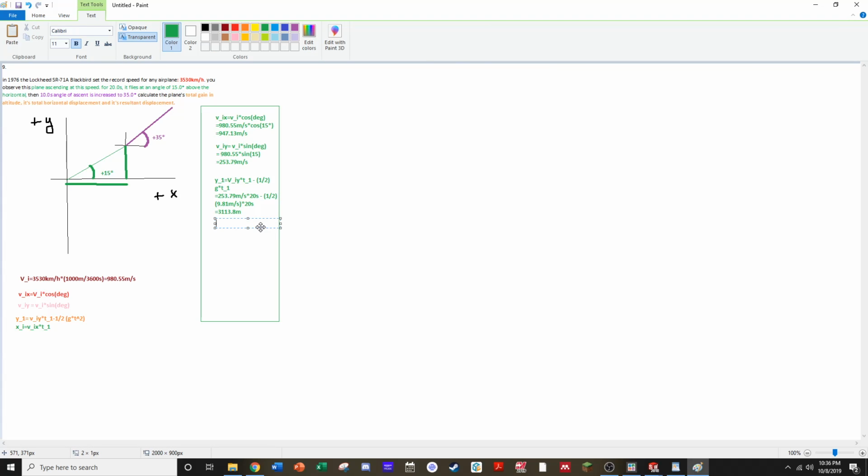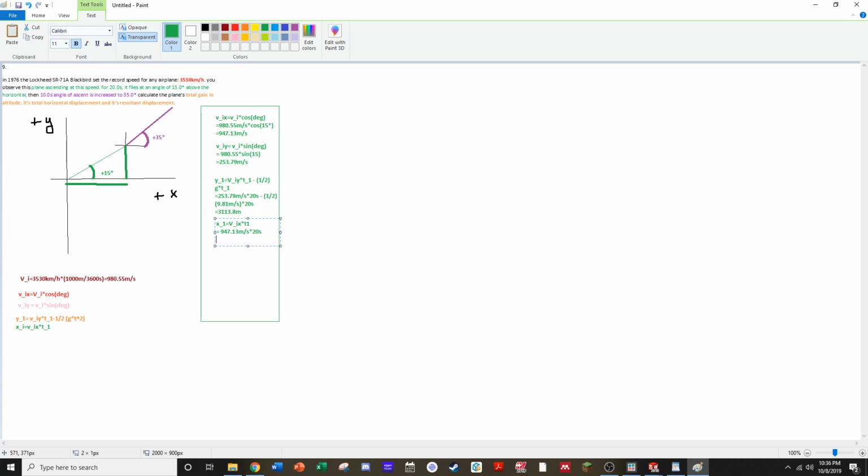So now we're going to figure out how far in the x direction it's flown. So x sub 1 equals the initial velocity in the x direction times t1, because we don't have to worry about gravity or anything changing that. So that equals 947.13 meters per second times 20 seconds.